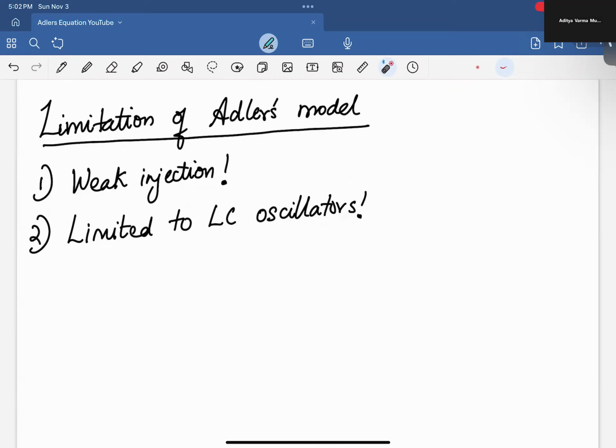It shows up in mechanical oscillators, in neuroscience, in weather patterns, things like that. So it's literally everywhere. You essentially just need to have an oscillator, and it will show you this kind of behavior. So second order nonlinear differential equations that have stable limit cycles will exhibit injection locking. It's a very general phenomenon, but here we've limited ourselves to LC oscillators.